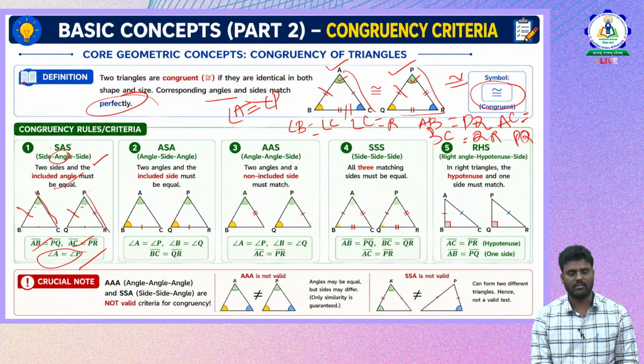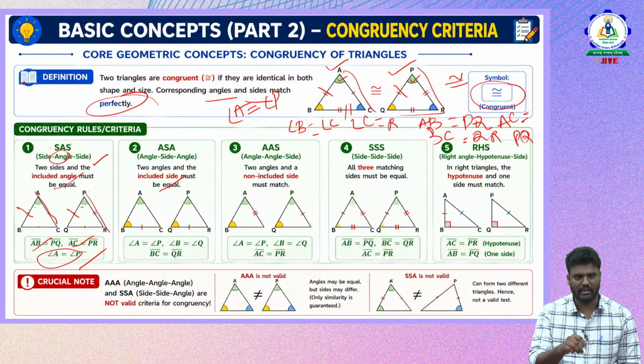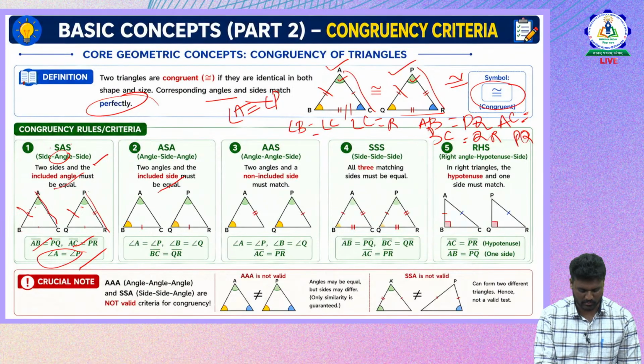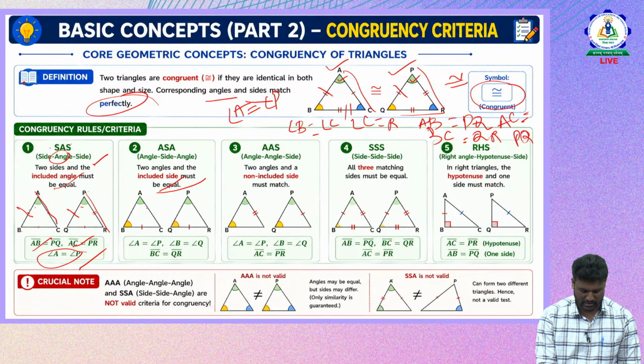Similarly, the angle side angle rule means two angles and one side must be equal. That is one angle, the side corresponding to it, and then another angle must be equal. In triangle ABC and triangle PQR, angle A and angle P correspond, so it is satisfied.